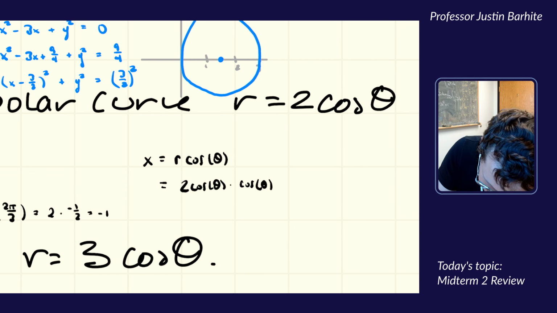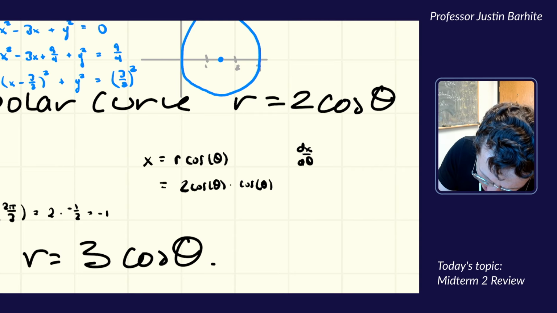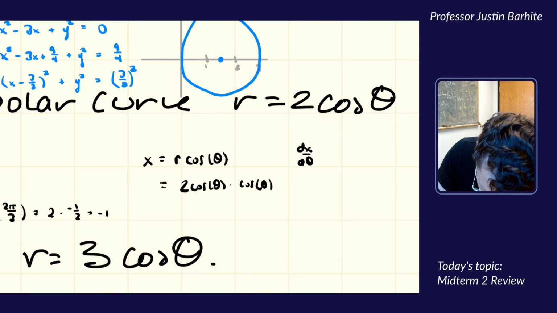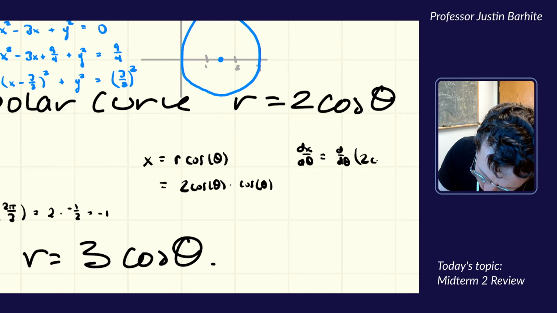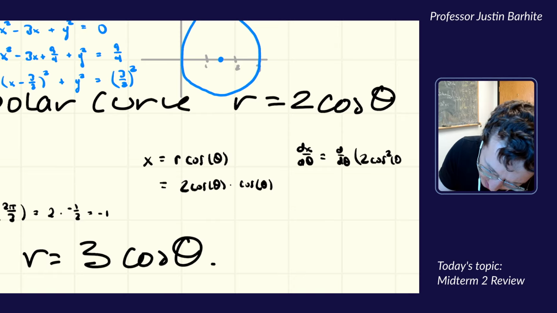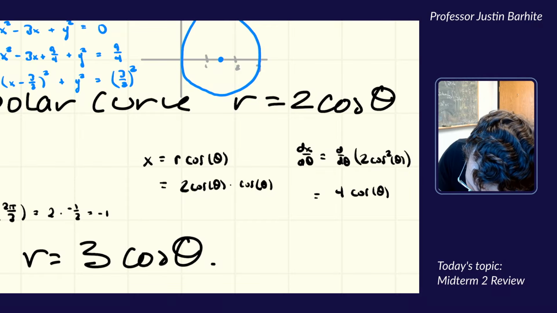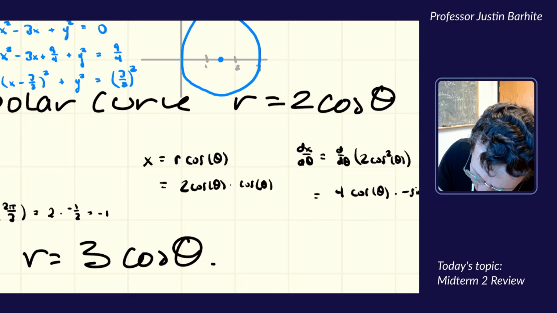So dx d theta is the derivative of 2 cosine squared theta, which is 4 cosine theta times minus sine theta.